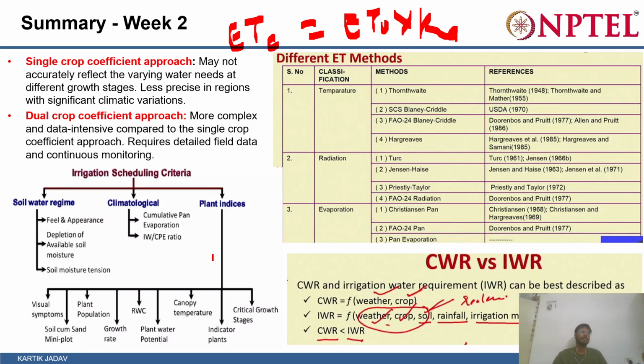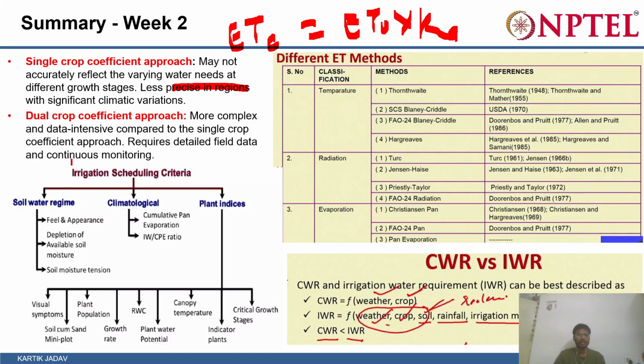A single crop coefficient may not accurately reflect the varying water needs in different growth stages, so it is less precise in regions with significant climatic variation. The dual crop coefficient approach is more complex and data intensive compared to the single coefficient approach, and it requires detailed field and continuous monitoring data.